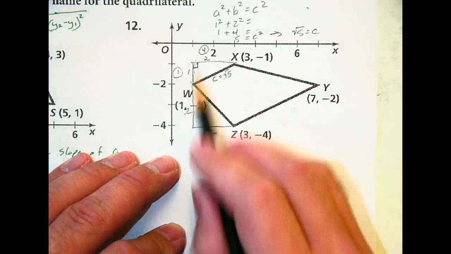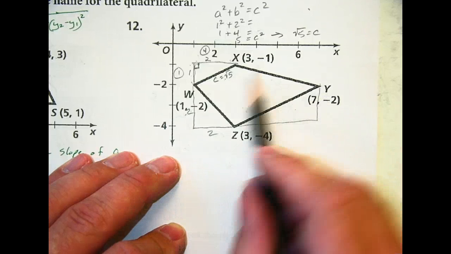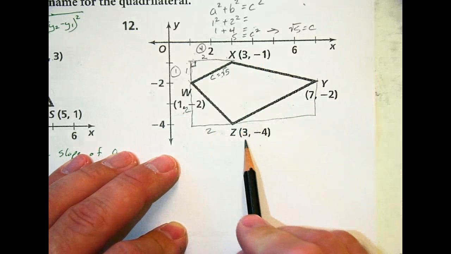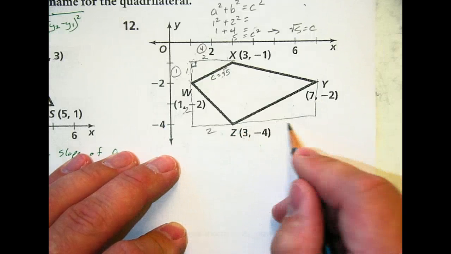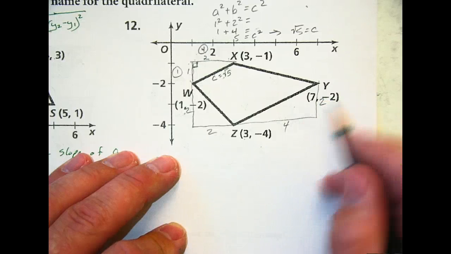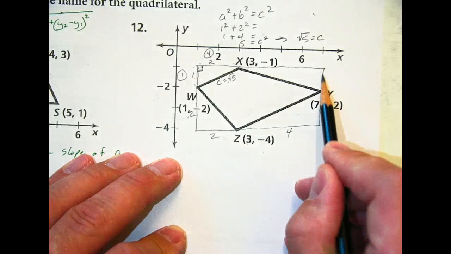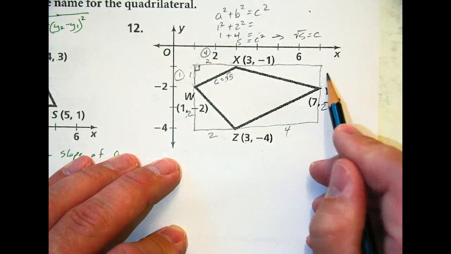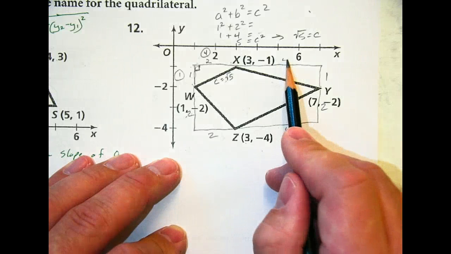Okay, same thing here. When I start looking at the slope, I start going, well, I'm going from 3 to 7. That gives me a length of 4, and then going from -4 and 2, that's 2. Okay, that's not going to be the same. And then the same thing here. If I go this route, I end up with a length of 1 and a length of, from 3 to 7 is 4. None of those are the same, right?